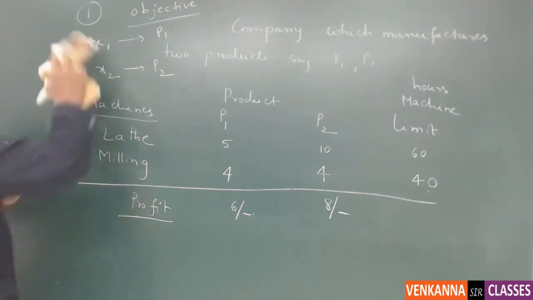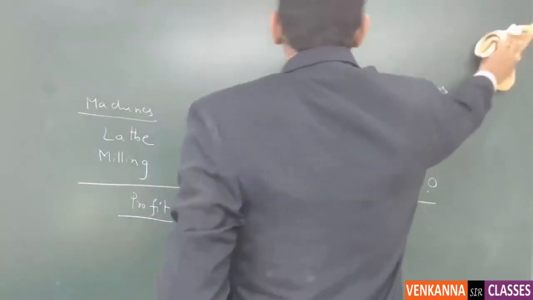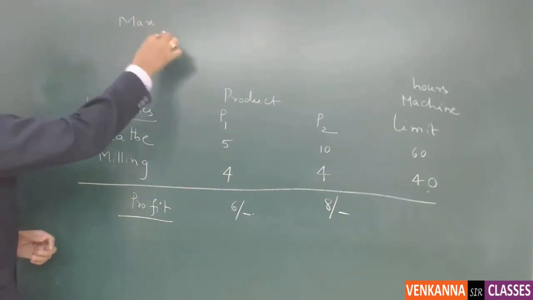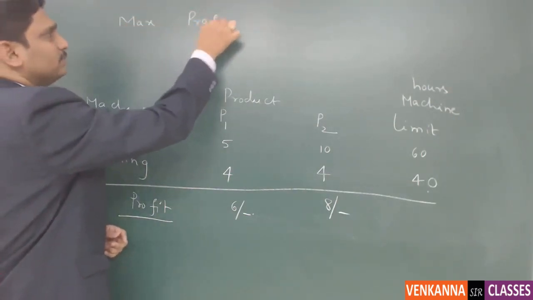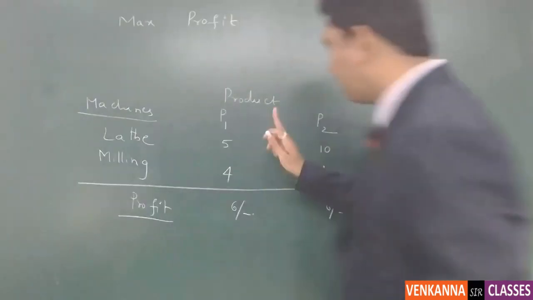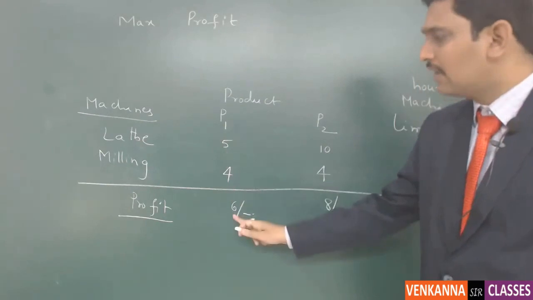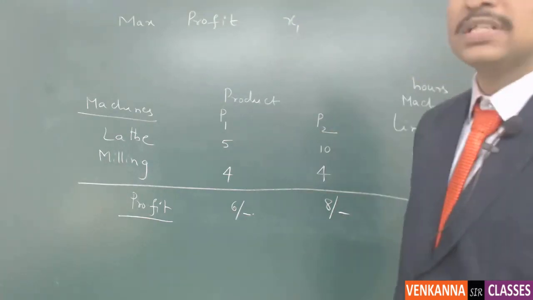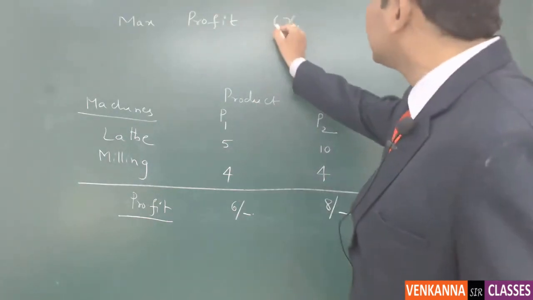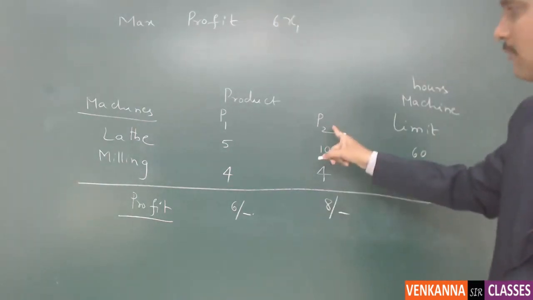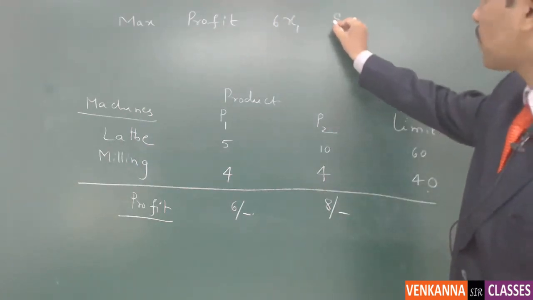So I am going to write the objective as, my objective is I have to maximize the profit on manufacturing the two products P1 and P2. So if I sell 1 unit of P1, I will get 6 rupees as profit. Since I am manufacturing x1 units of P1, I will get 6x1 as my profit. Similarly, if I sell 1 item of P2, I will get 8 rupees as profit.